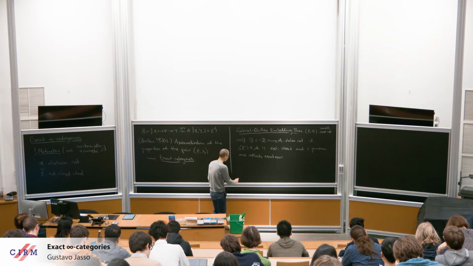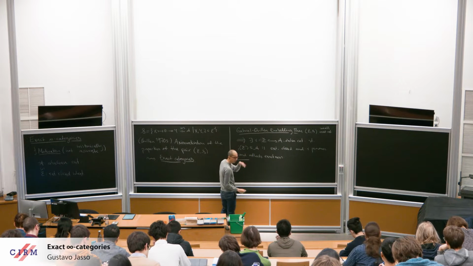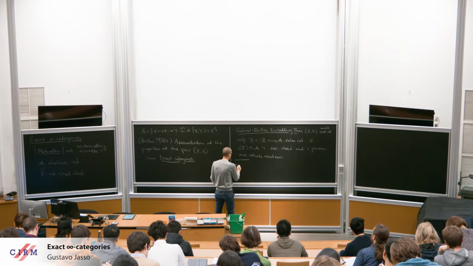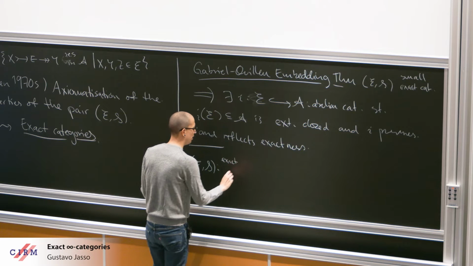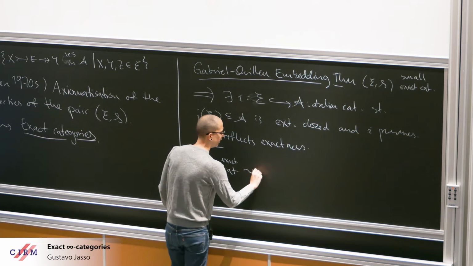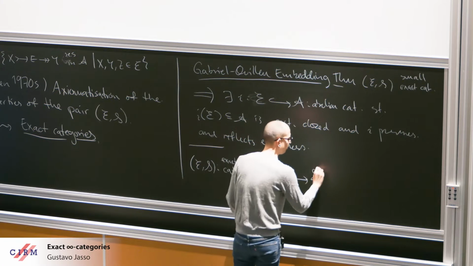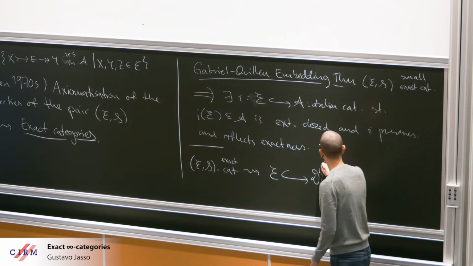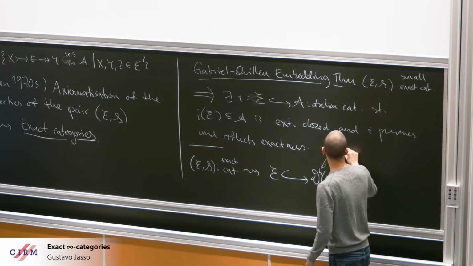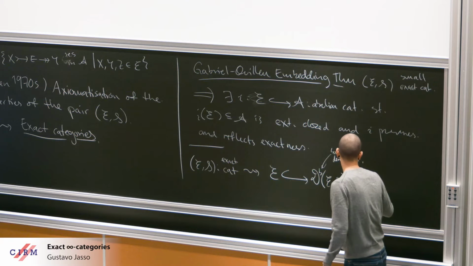Now, we also know that, again, set theoretic issues aside, if I have an exact category E, then it embeds into its bounded derived category, and this is a triangulated category.